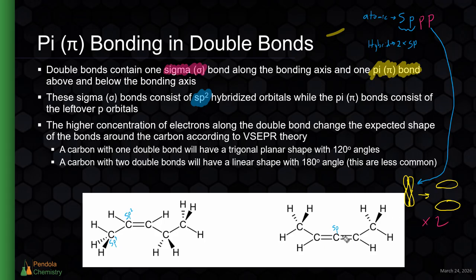That second pi bond being in the other double bond. So carbons that have two double bonds or carbons with a triple bond will be sp hybridized instead of sp2 or sp3.